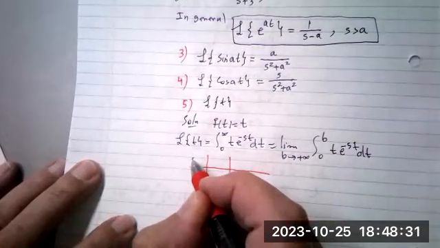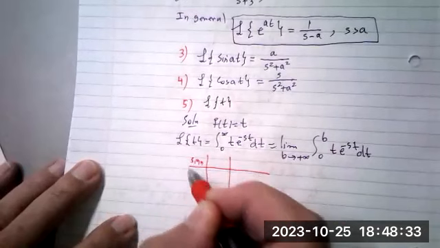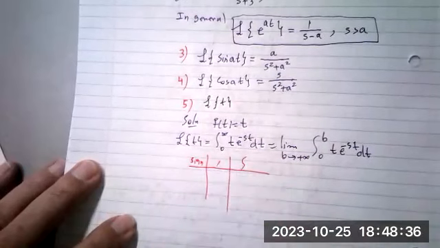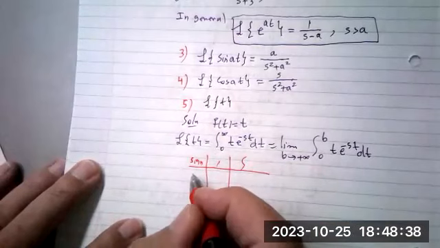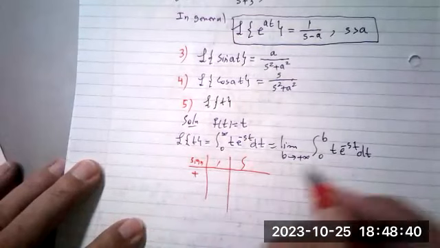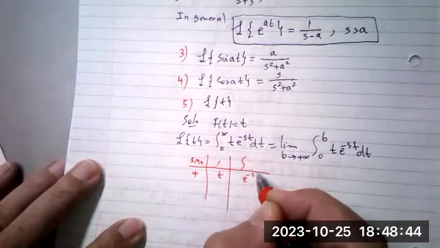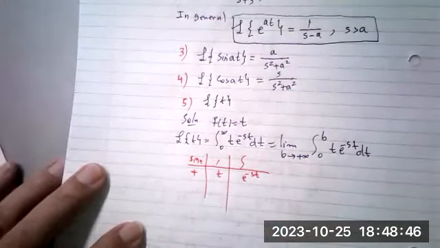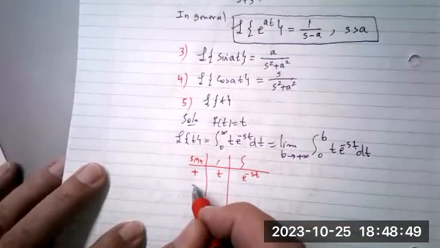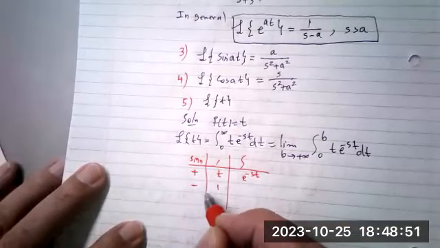Remember, that was the sine part, the sine derivative integral. So the sine, we start with the positive sign. We get the t, the function, and e to the negative st. The second part is going to be negative. We differentiate the t, which would be 1.